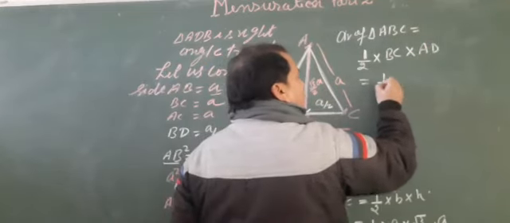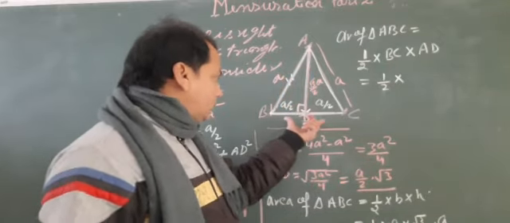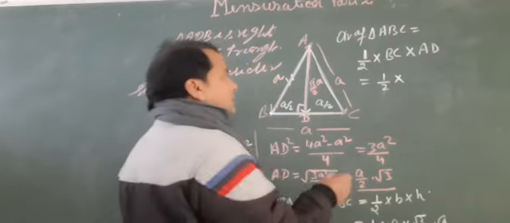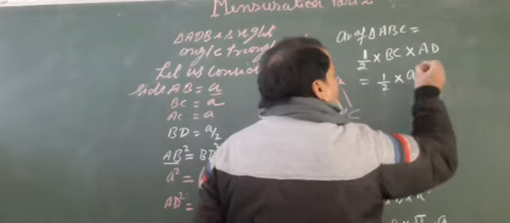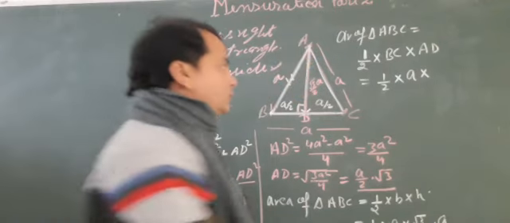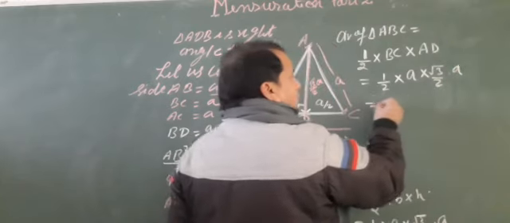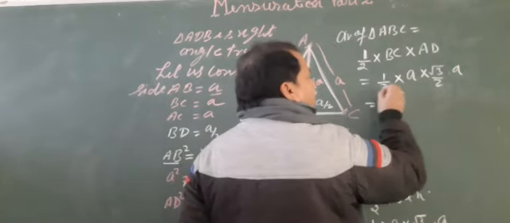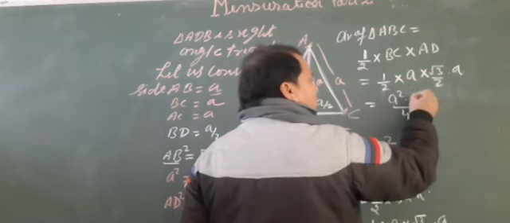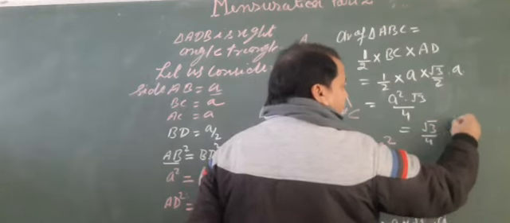Then 1 by 2 into BC, which is equal to A, then put the value of BC as A, and perpendicular height AD equal to root 3 by 2 into A. Then 2 into 2 is 4, and A square into root 3, so root 3 by 4 into A square.